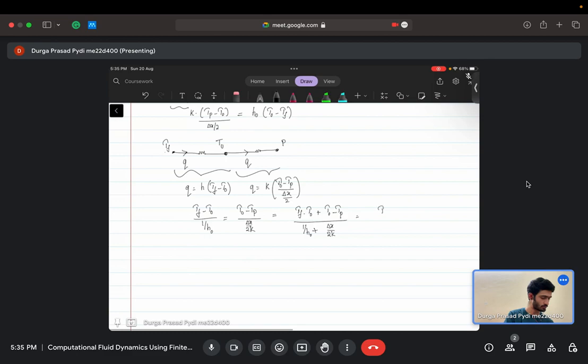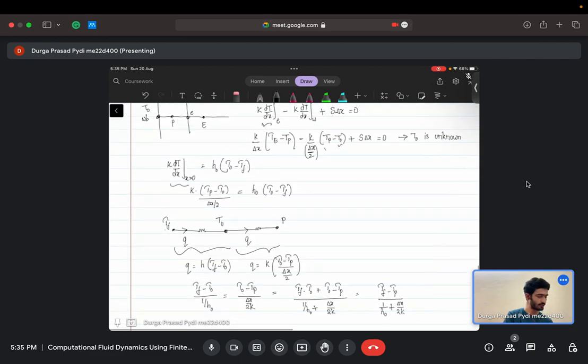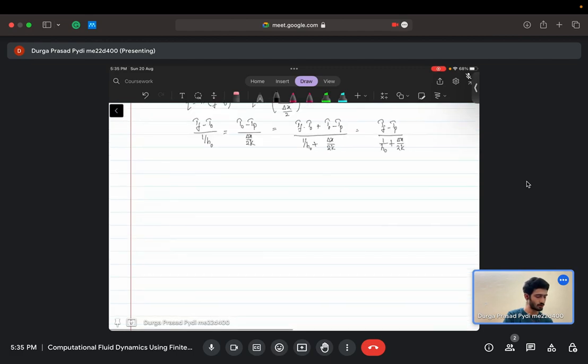This essentially gives you Tf minus Tp by 1 over H0 plus delta x by 2k. Our objective is to get the value of T0 minus Tp. So T0 minus Tp equals R0 times Tf minus Tp, where R0 is delta x over 2k by 1 over H0 plus delta x over 2k.